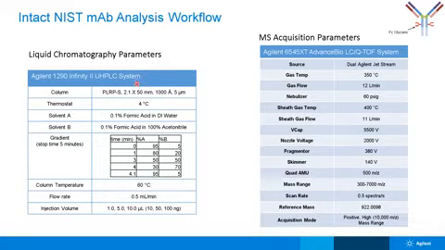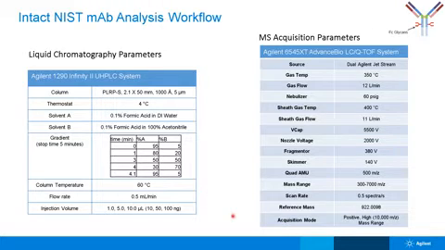For solvent A and B, we have water with 0.1% formic acid and acetonitrile with 0.1% formic acid, respectively. Our gradient went from 5% B up to 70% B and back down to 5% B. The column was maintained at 60 degrees C. A flow rate of 0.5 mL per minute was utilized. We looked at a series of concentrations injected on column, but the data I'm going to show you today was from 100 nanogram injection on column.